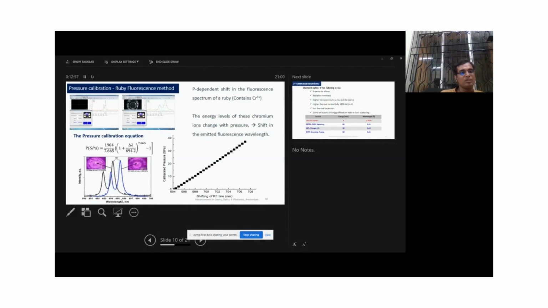As we apply pressure, the energy levels of the ruby shift, which is a shift in the fluorescence of the ruby. The position of the fluorescence, that is, the wavelength, gives the information on the pressure of the sample.